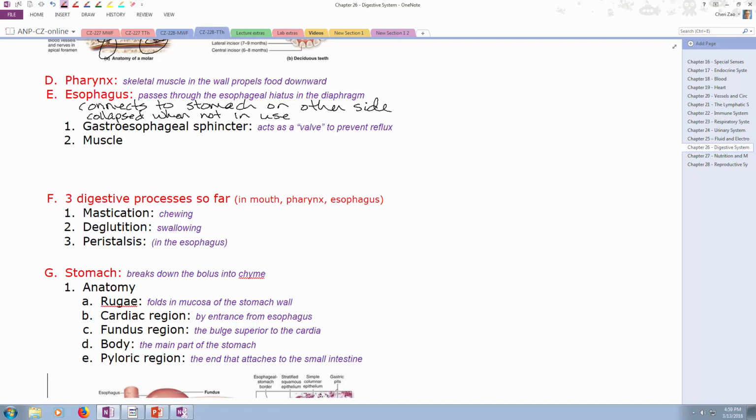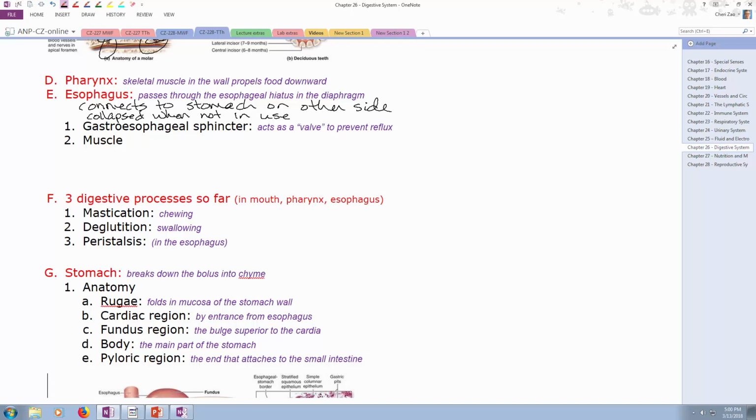And it's actually, for the most part, a lot of skeletal muscle, but also a lot of smooth muscle. And if you were to guess, which is up top, more superiorly? Skeletal muscle, and as you get closer to the stomach, it transitions into smooth muscle, which is an interesting thing. This food tube starts off skeletal muscle at the top, becomes a mixture of skeletal and smooth in the middle, and finally ends up being smooth muscle right before we actually get to the stomach.